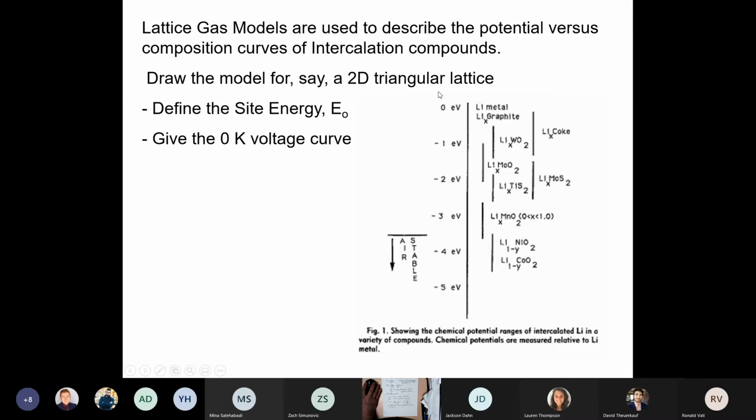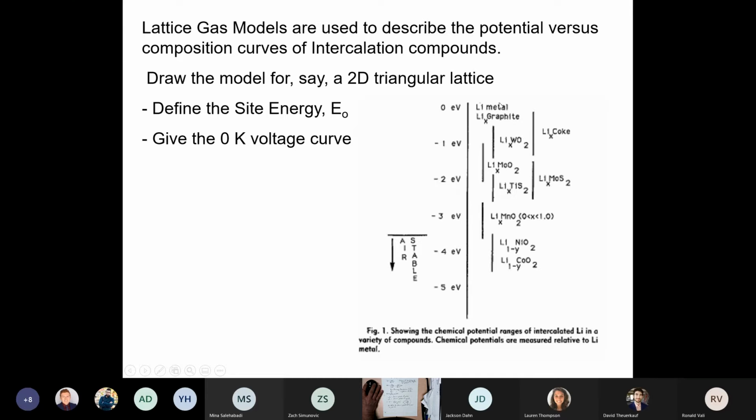And what we say is that if lithium metal on our scale is at 0 volts, its chemical potential is 0. When we take a lithium from lithium metal and we put it into, say, titanium disulfide, the lithium is bound. It has a binding energy of somewhere around negative 2 volts.